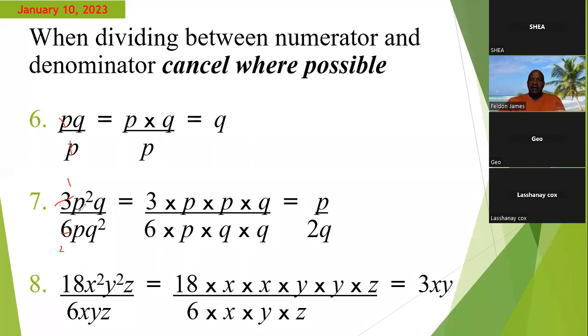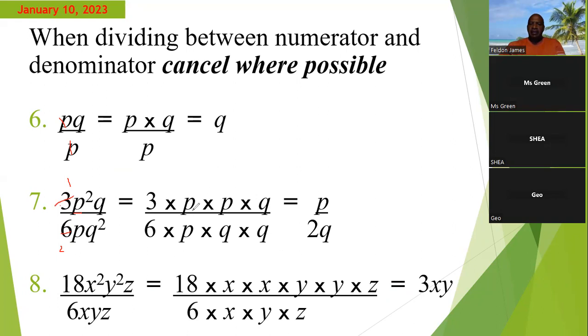Notice here, this P to the second power is the same as what? P times P. In the denominator, you would have only 1 P, but you have Q squared, which is Q times Q. So if you expand it by writing them in normal form without the power, they would look like this.